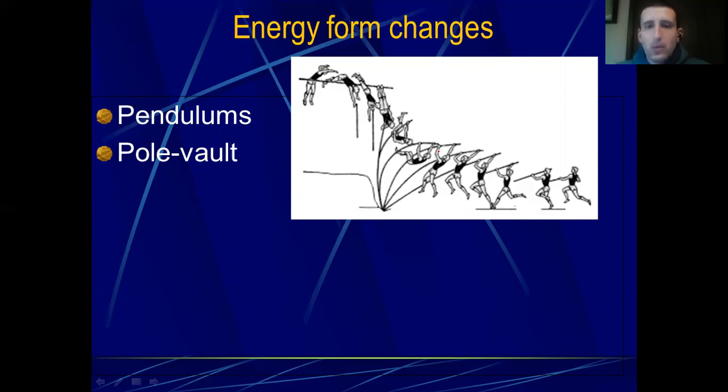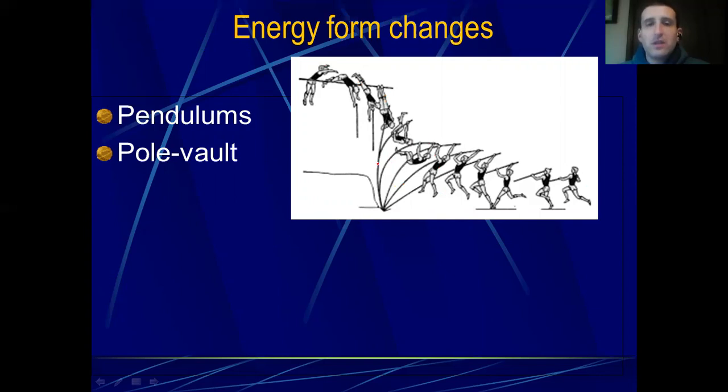And then as the pole unbends, it's turning his sideways kinetic energy into upwards kinetic energy. And that upward kinetic energy causes him to gain gravitational potential energy. And so we go from horizontal kinetic to elastic potential to vertical kinetic to vertical gravitational potential. And then as he clears the rod, he's not going very fast, right?